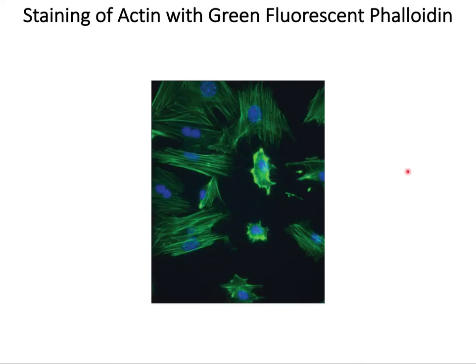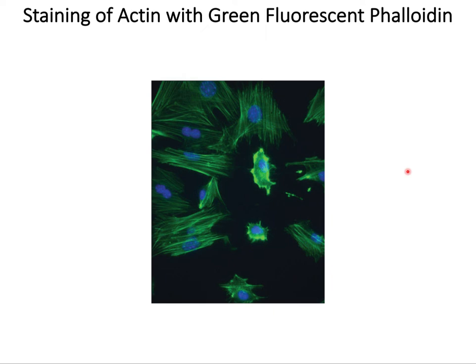Phalloidin is very interesting because you can use it to test the function of actin, because it goes into the cell and freezes the actin cytoskeleton. Also, cell biologists use phalloidin as a stain for actin filaments. It is commercially available, and you can get green, red, or blue fluorescent phalloidin.